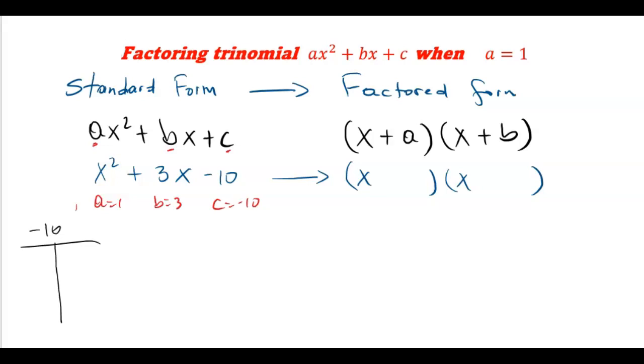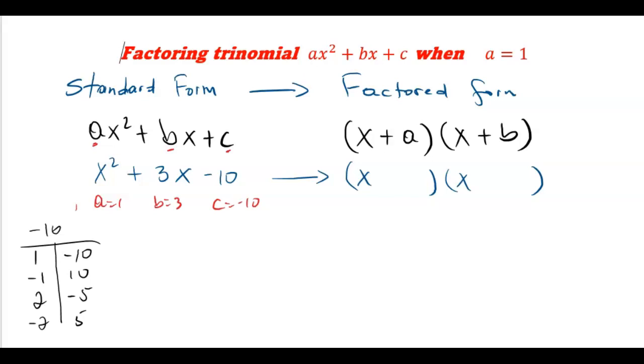So to get negative 10, you can have 1 times negative 10 or negative 1 times 10. We can also have 2 times negative 5 or negative 2 times 5. I think that's all. There is no other factor for negative 10.